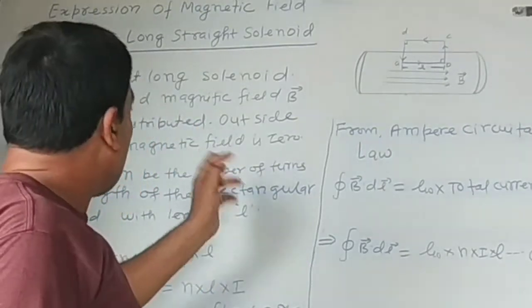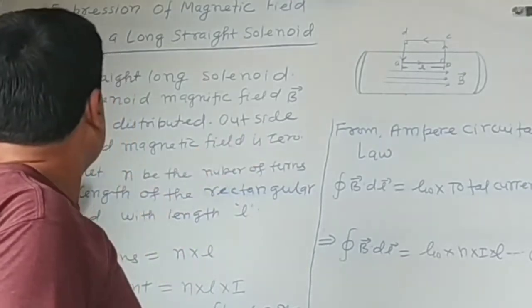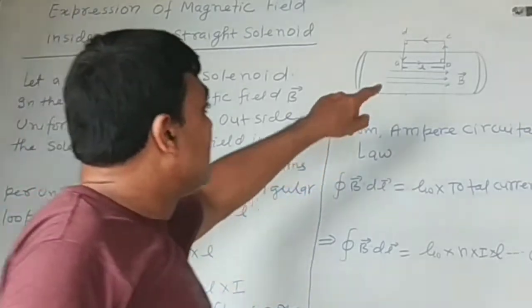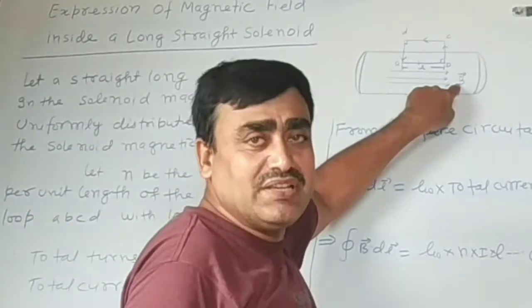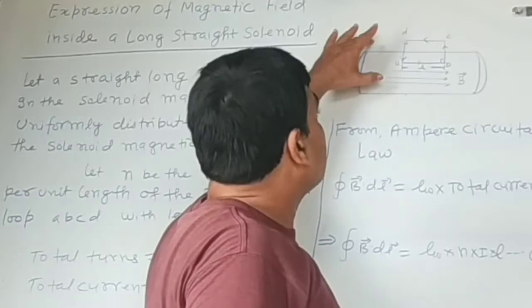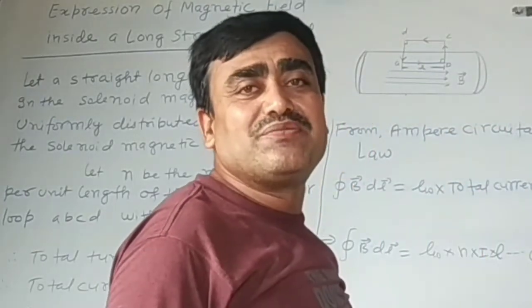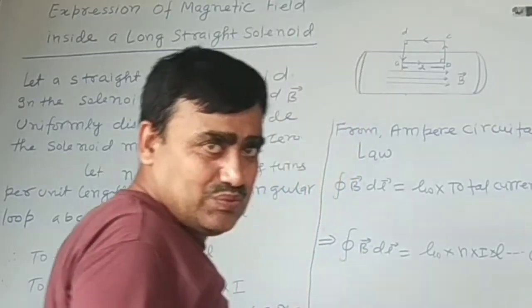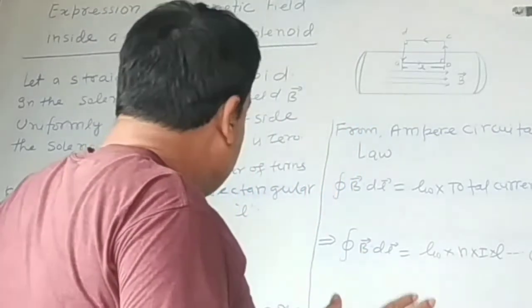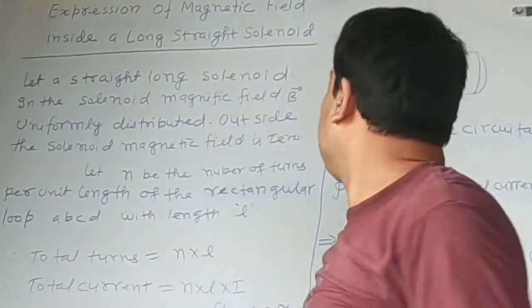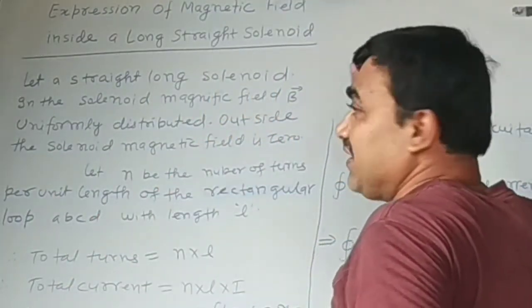While outside the solenoid, the magnetic field is 0. Inside the magnetic field is B, while outside the solenoid, the magnetic field is 0. We have to find the expression of this magnetic field.